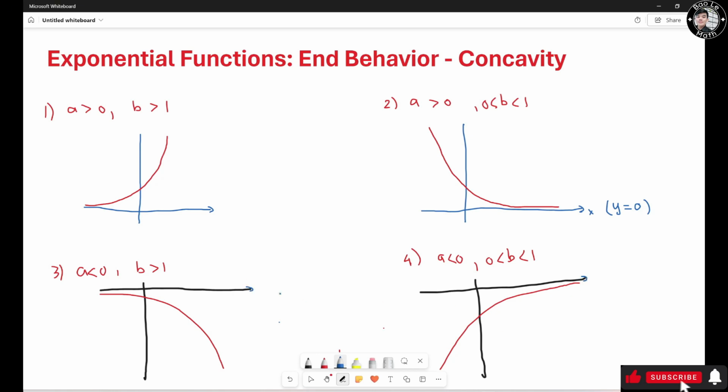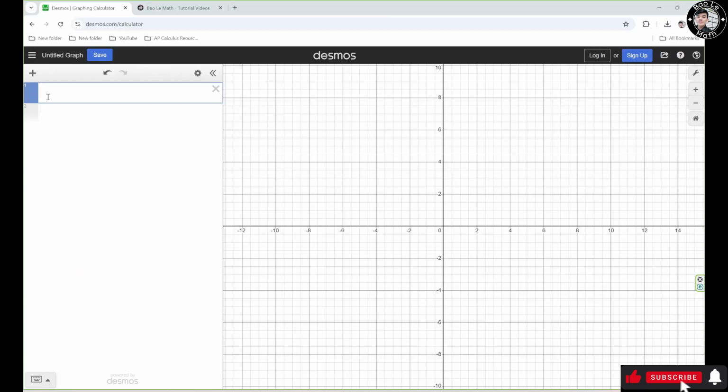We're going to use Desmos to demonstrate the graphs of four different cases of exponential functions. The first case, a greater than 0, b greater than 1. So I'm going to let a equal 1 and b equal 2. Alright, so I have the first exponential function, y equals 1 times 2 to the power of x.